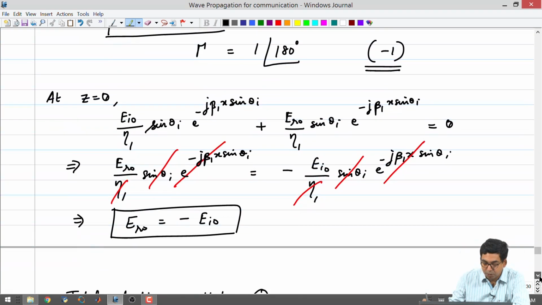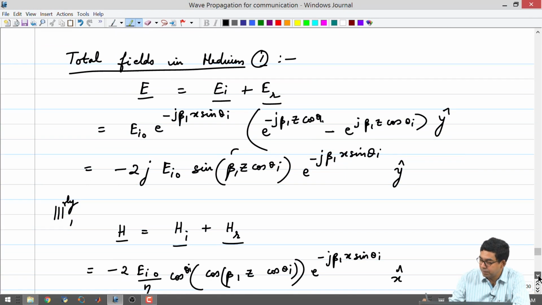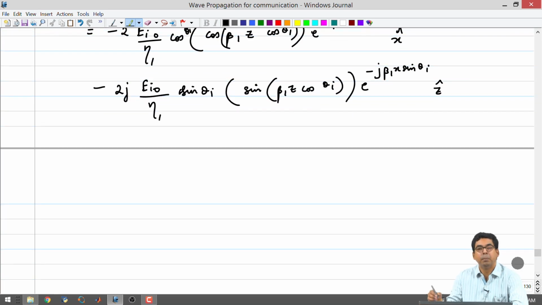We proceeded to write down the total fields in medium number 1 with reflection on the interface. Once we finished writing these expressions, we wrote a simple computer program where we were able to see standing waves in the z direction and a traveling wave in the x direction.